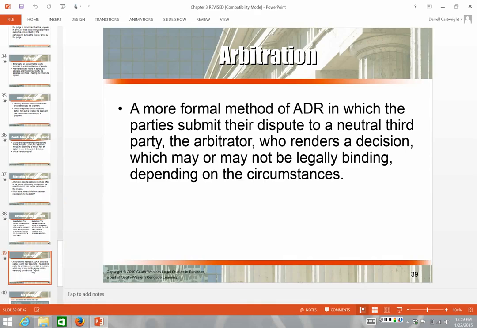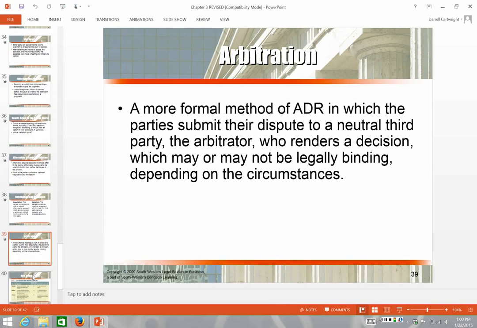The PowerPoint slide says that the decision may or may not be legally binding depending upon the circumstances. I will just tell you that it is generally very much legally binding, and it is a rare circumstance where the decision would not be legally binding.